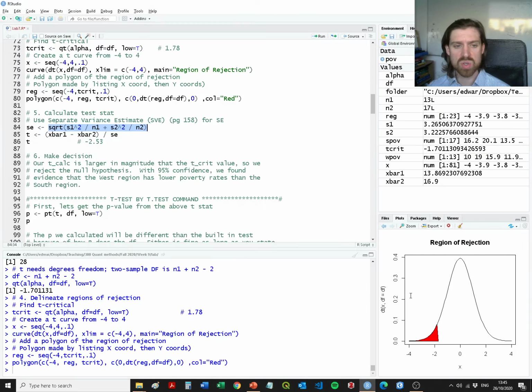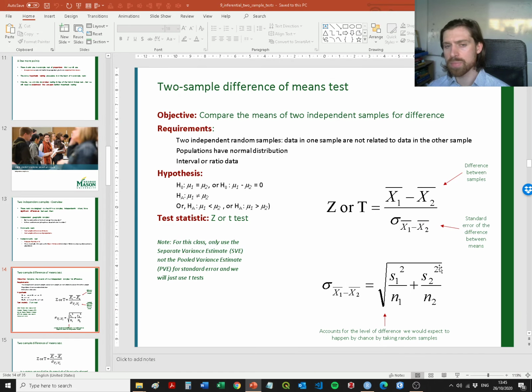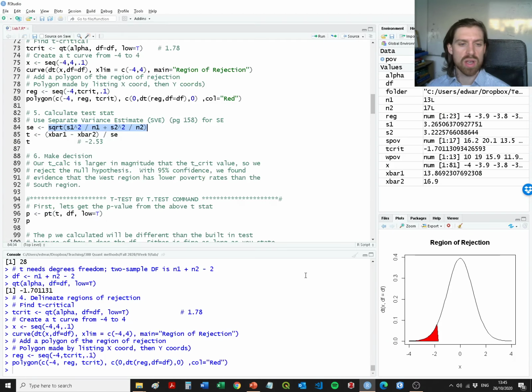We covered this already within the lecture, so this is the calculation that we want here. So we need to take the square root of the summation of these two different divisions. Essentially what we're doing here is we're taking the square of S1, dividing it by the number of samples in that first sample.